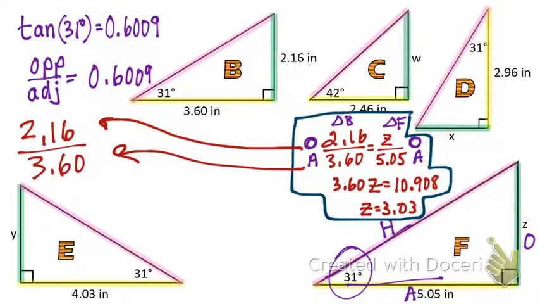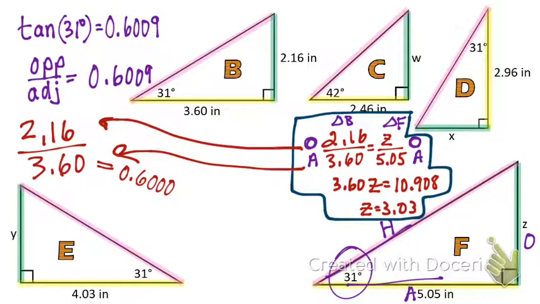And if we divide the opposite and the adjacent on our calculator, the answer comes out to 0.6000. So in our triangle, we did get almost the same value as the trig table.